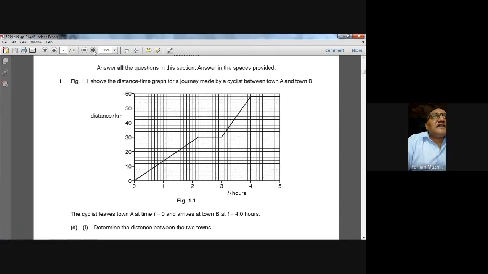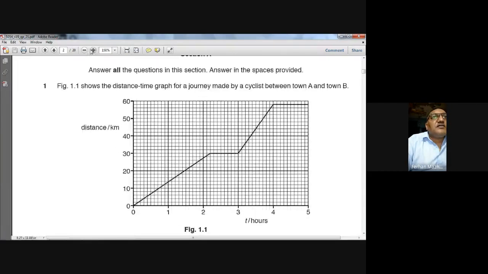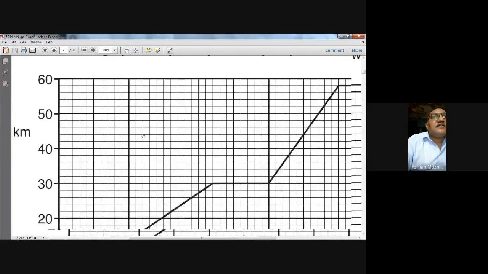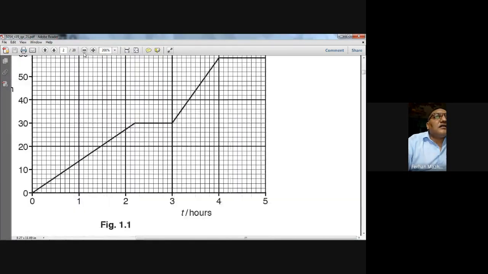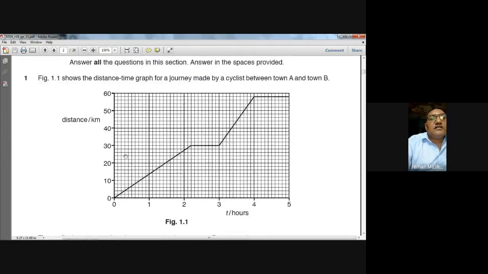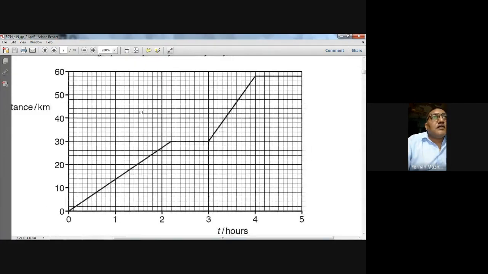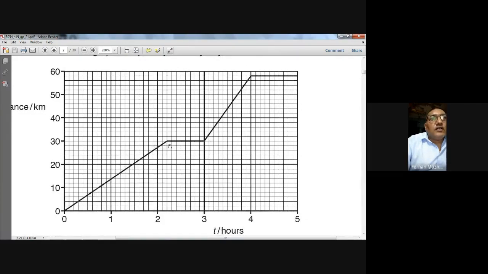Let me increase its size so it's very clear to you, because we have to answer it. Okay, now it's good. During this portion he was at rest. So count how many squares there are horizontally: 1, 2, 3, 4, 5, 6, 7, 8.